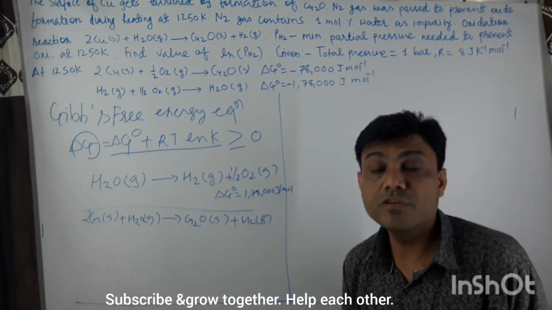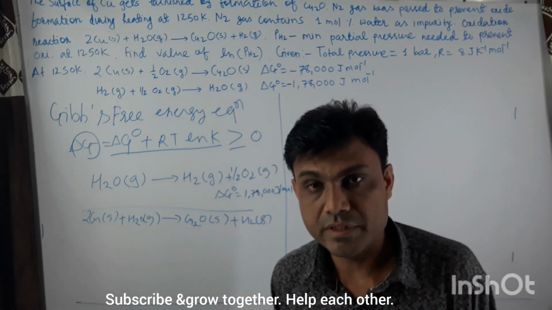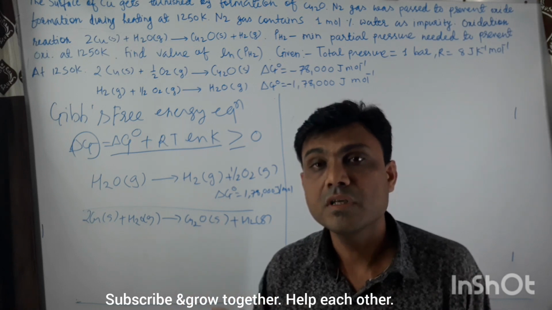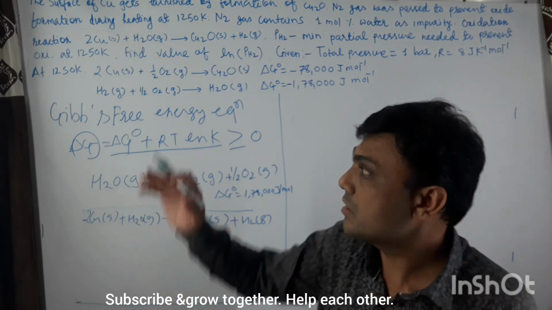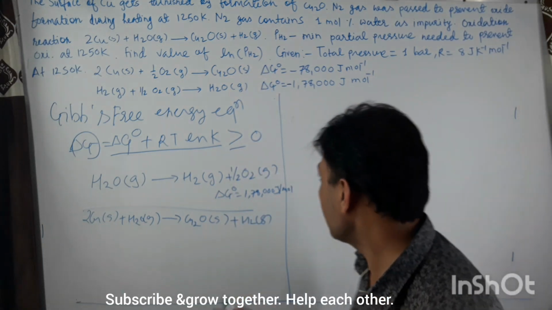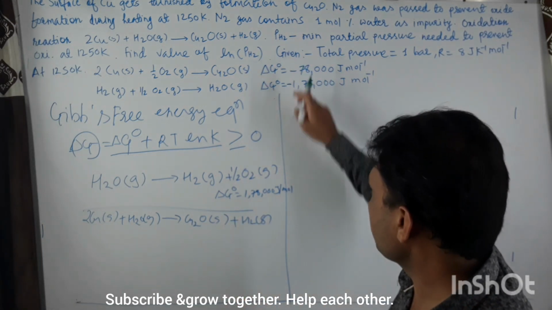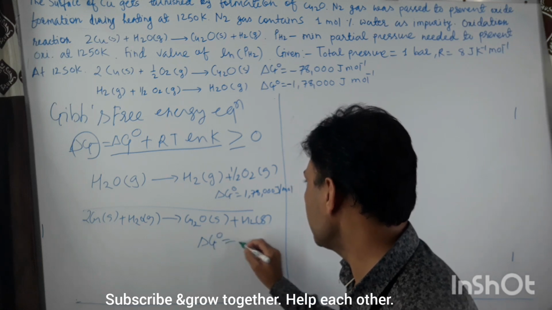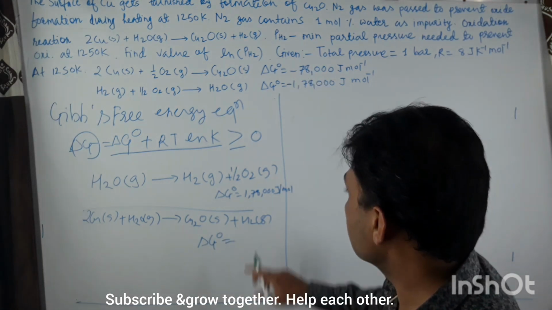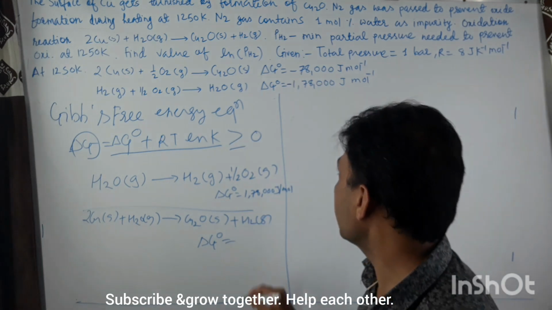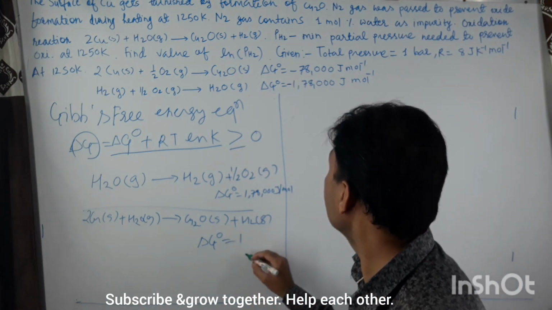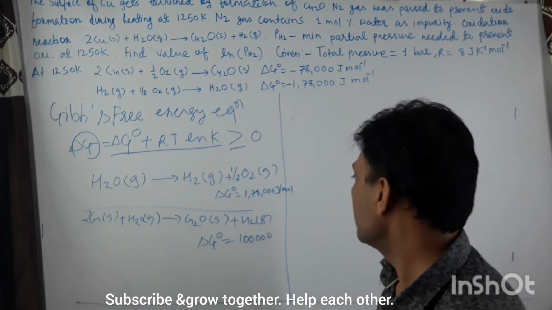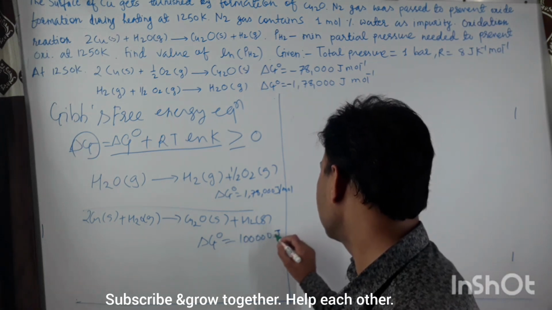When we are adding the equations, the Gibbs free energy will also get added, because it is energy and this is additive. So we have to add this value and this value. So delta G0 for this reaction will be this plus this. So 78,000 will get cancelled. It will become 1,000 joule per mole.